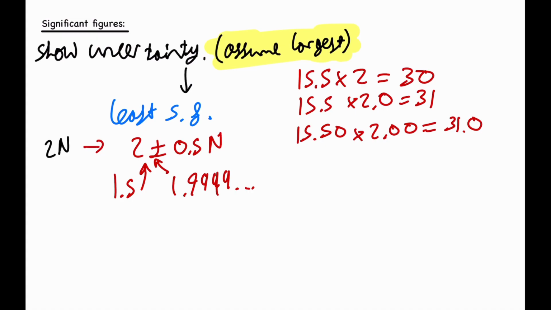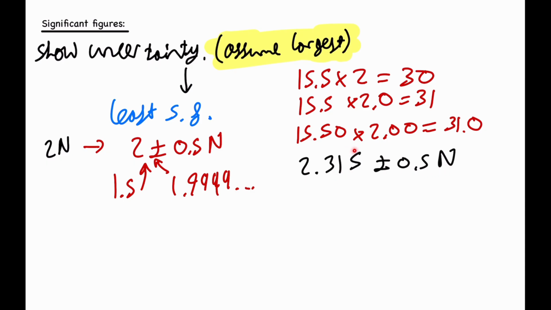And this is very important, like how we leave our uncertainties, because the number in front cannot be left to a higher precision than the uncertainty. So say if we have this value here, and we say it's 2.315 plus minus 0.5 newtons, this is impossible because now we're saying that it has this extra level of accuracy, and then we're saying that it doesn't have that accuracy because it's plus minus 0.5.